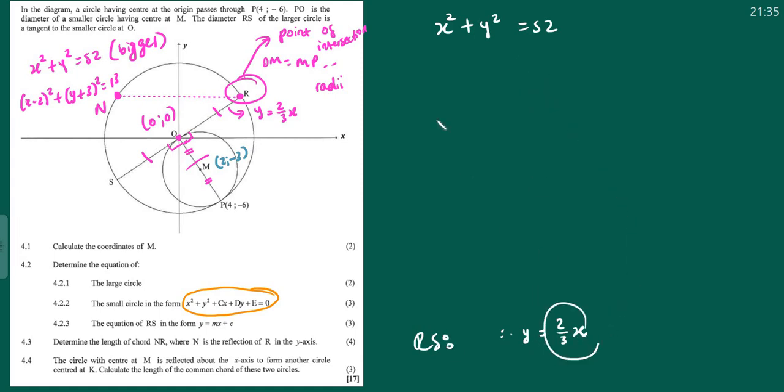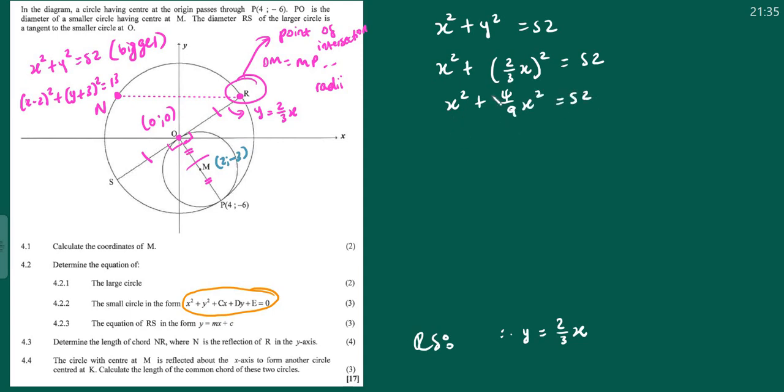We say x squared plus 2 over 3 x, all squared, equals 52. Then x squared plus 4 over 9 x squared equals 52. 9 plus 4 is 13, so you have 13 over 9 x squared equals 52. Then x squared is 52 times 9 over 13.